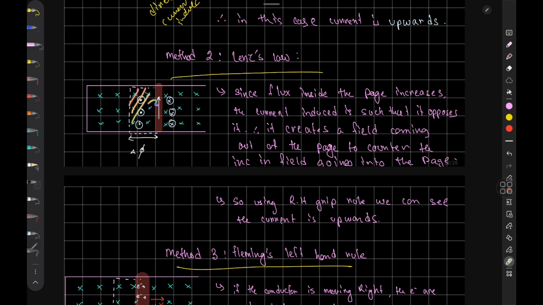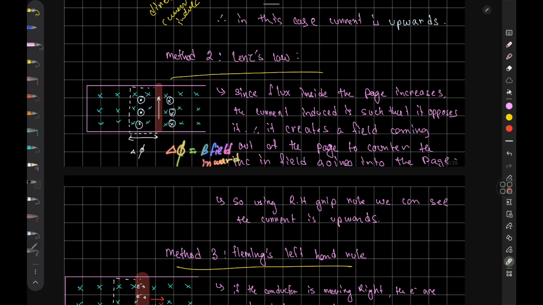So the flux change that really happened was a bunch of magnetic field that was going inward through the page and was cut by the conductor. So the flux change is actually a certain B field that was inward.